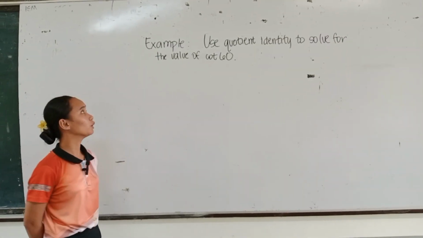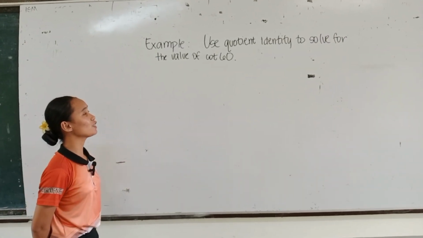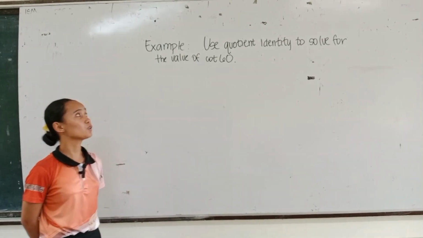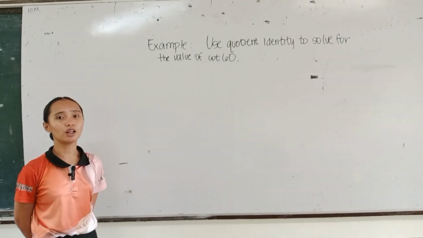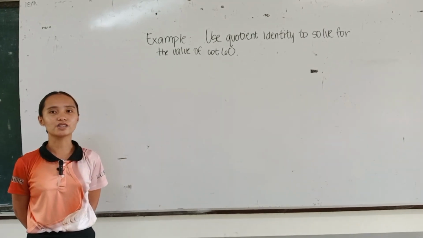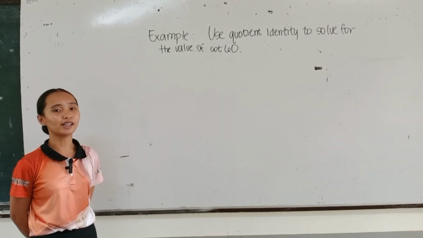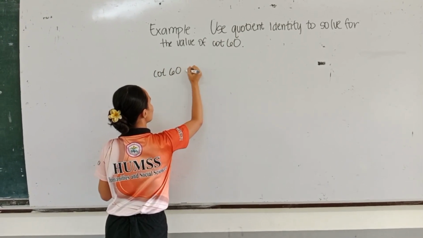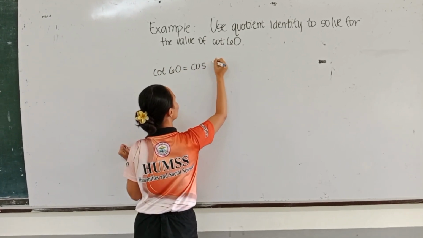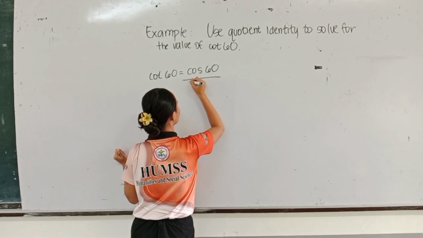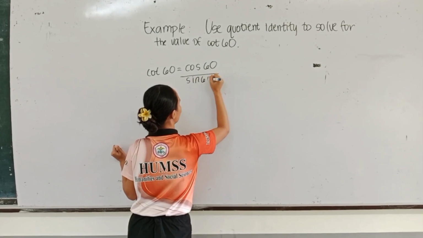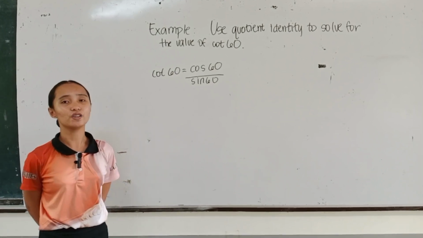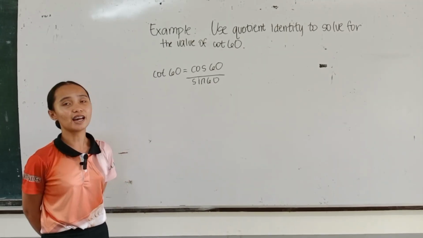So for example, use the quotient identity to solve for the value of cotangent 60. The quotient formula for cotangent is cotangent equals cosine over sine. So cotangent 60 is equal to cosine 60 over sine 60. Next is to substitute the values of cosine 60 and sine 60.